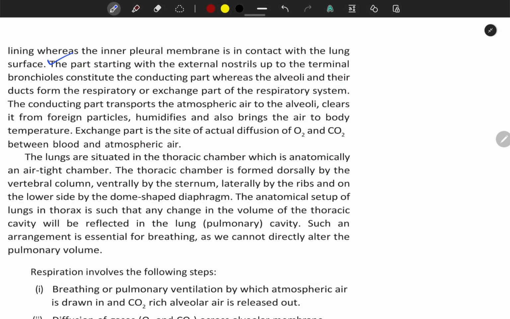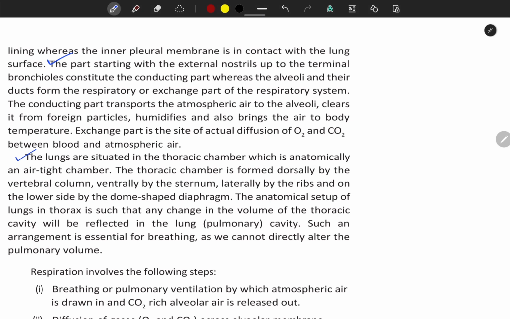The part starting with the external nostrils up to the terminal bronchioles constitutes the conducting part, whereas the alveoli and their ducts form the respiratory or exchange part of the respiratory system. The conducting part transports the atmospheric air to the alveoli, clears it of foreign particles, humidifies it and also brings the air to body temperature. The exchange part is the site of actual diffusion of O2 and CO2 between blood and atmospheric air.